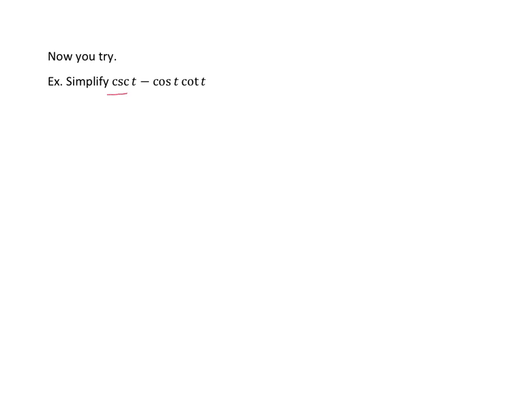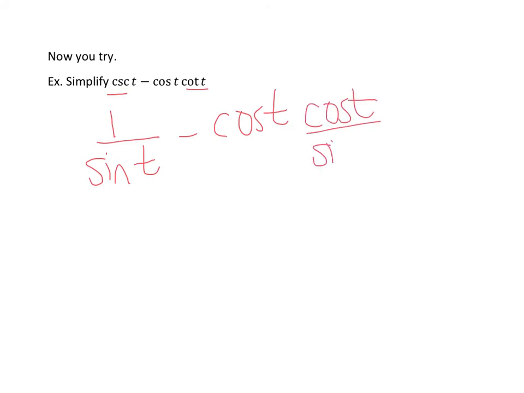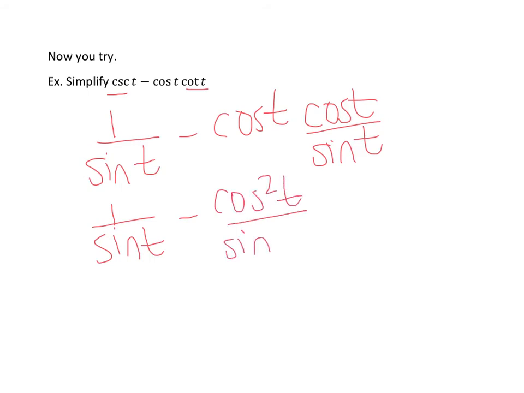Start by replacing cosecant and cotangent. Cosecant can be rewritten as 1 over sine t, minus cosine t is going to stay in there. Cotangent is going to become cosine t over sine t. So 1 over sine t minus cosine squared t over sine t.